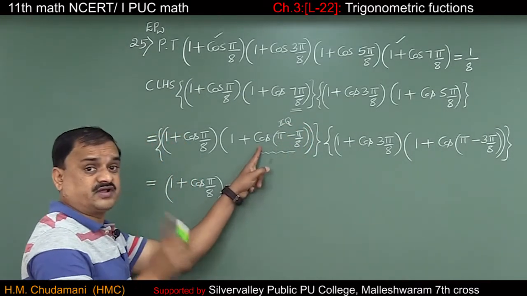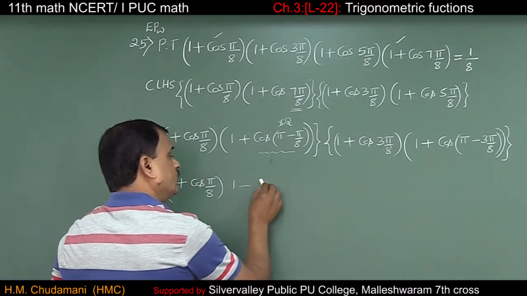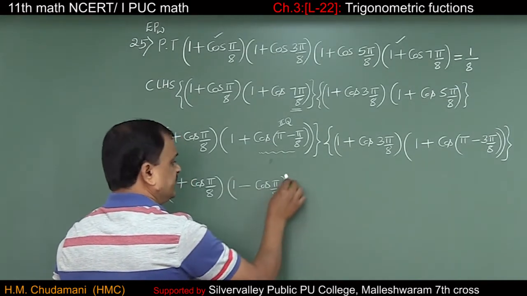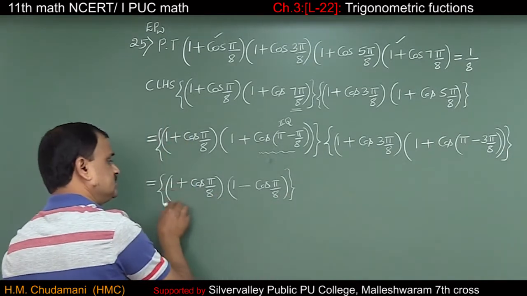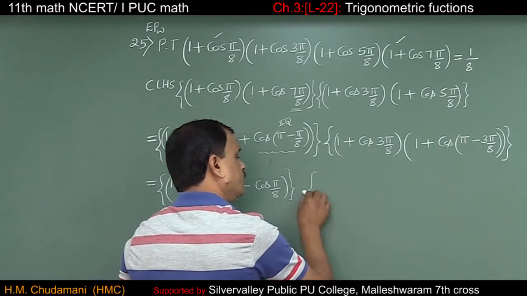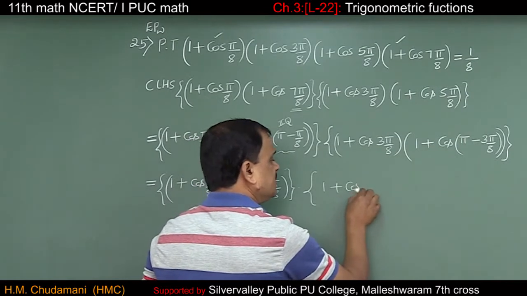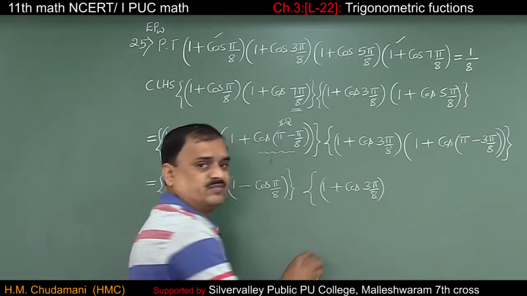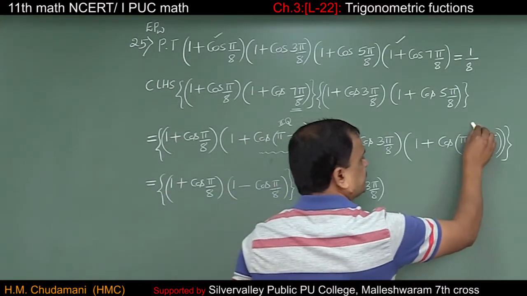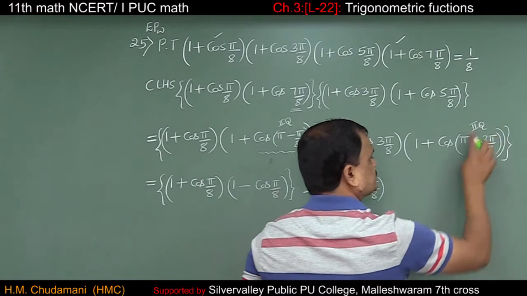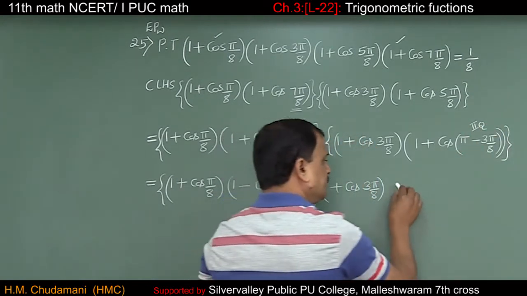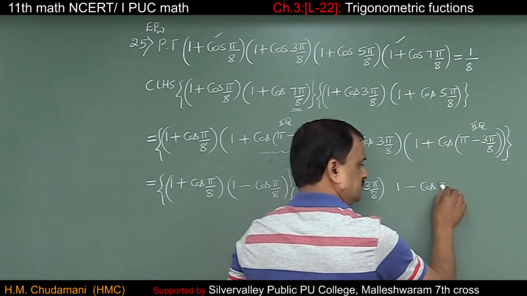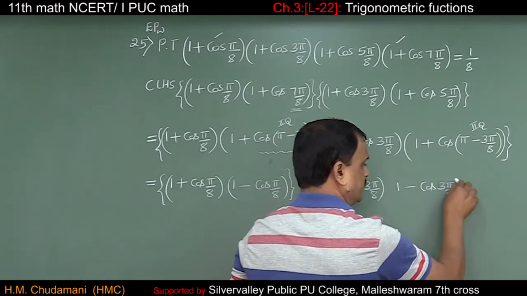In the second quadrant, cos is negative, you know? 1 minus cos pi by 8 into 1 plus cos 3 pi by 8 into, again this is of the form cos of 180 minus theta, which is minus cos theta. Theta here is 3 pi by 8, you know.